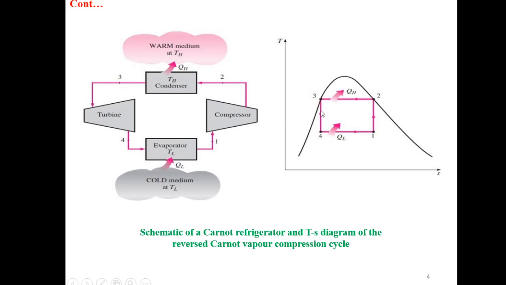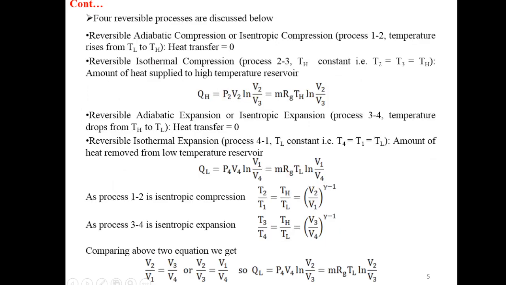So there is a temperature drop as well as a pressure drop from 3 to 4. So this is an isentropic expansion process. And we know that heat transfer in case of an isentropic process is 0. So process 1-2 and 3-4 are just opposite of each other.